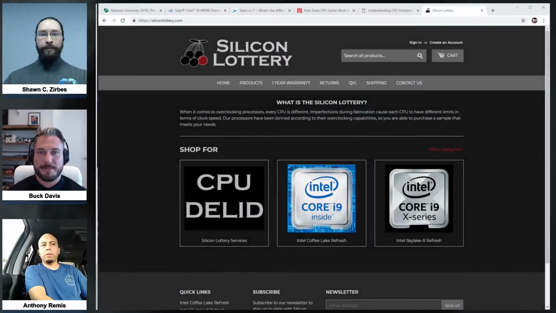There's one web page if you're an enthusiast or an architect, money's tight and you have to build your own and you don't want to deal with binning. It's called Silicon Lottery, and they pre-bin and sell CPUs. What's fun is sometimes they provide statistics on their findings, like only 10% or less did 5.2 gigahertz.